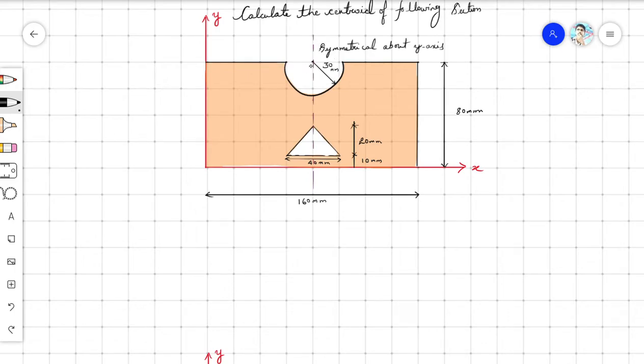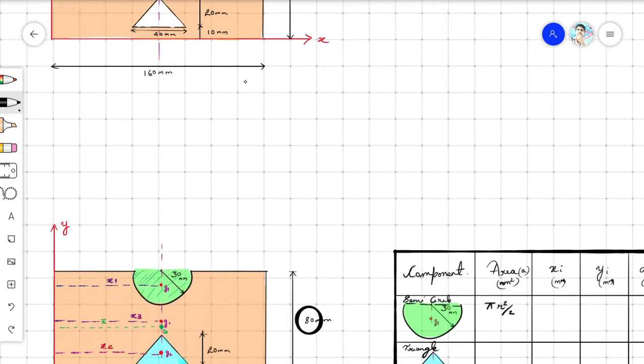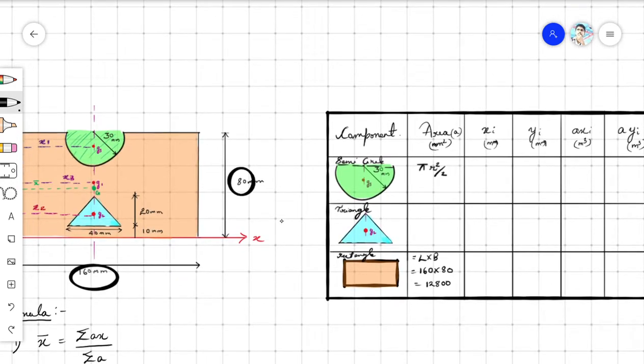It's not there. But we have to calculate it, because to find the centroid we subtract it. So it will be equal to minus pi into the radius 30 squared divided by 2. That gives you somewhere around 1413.